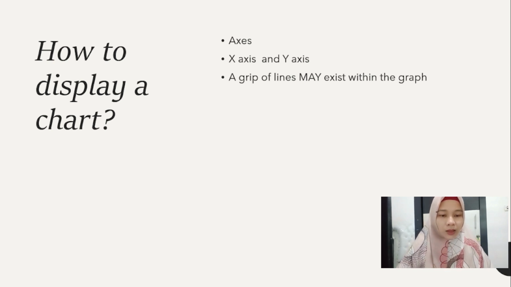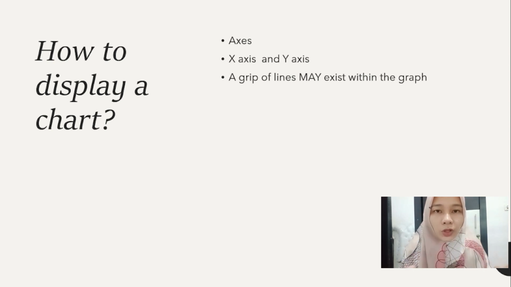Like when you learn about math in a graph, there will be axes, right? So in the area of the chart, there may be a grid of lines within the graph. But this is actually not a must. That is why I put the word MAY in capital letters. It means this is optional.